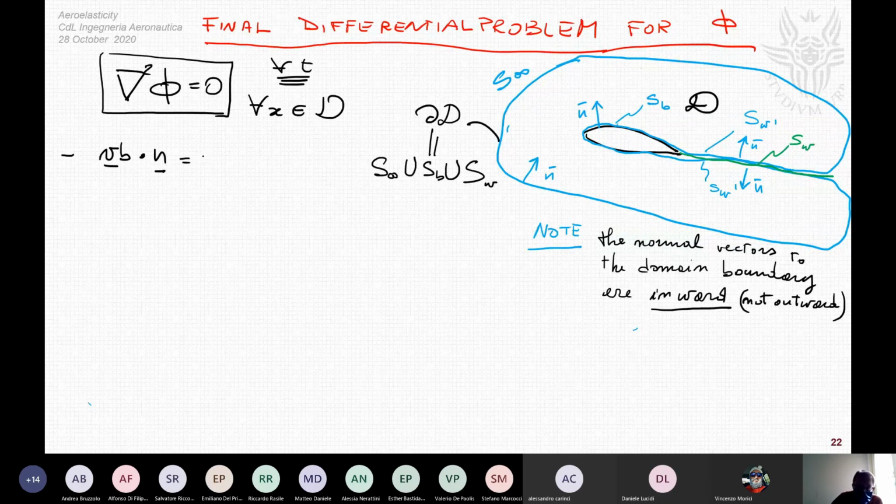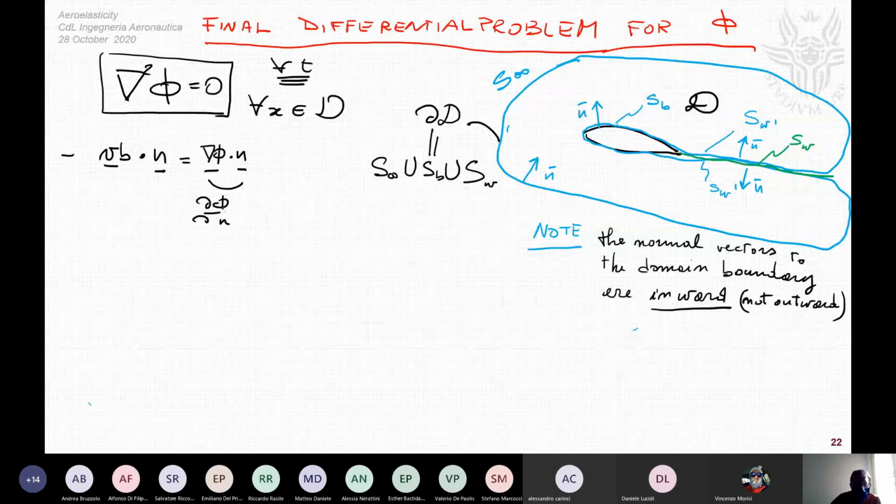And the gradient of phi dot n, by definition, is the derivative of phi on n, the normal velocity of the velocity potential. So this is the body boundary condition for x belonging to S body.